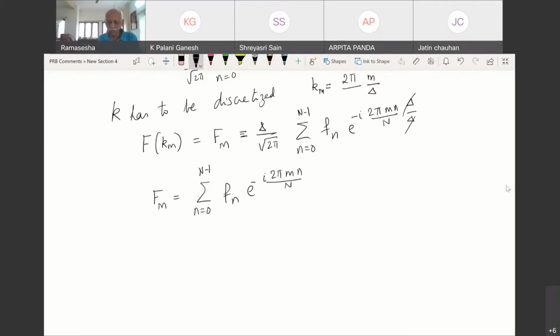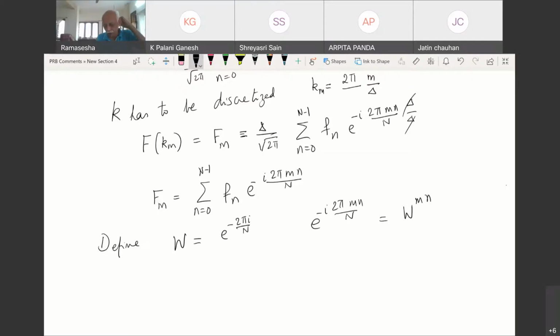Now what I'm going to do is define a quantity W equal to e to the minus 2 pi i by N, such that e to the minus i 2 pi mn divided by N is equal to W to the power mn.